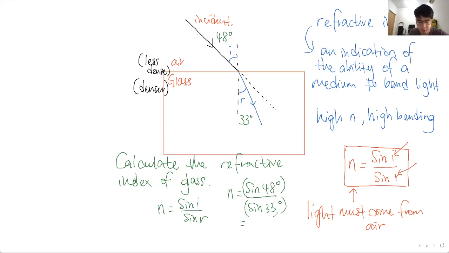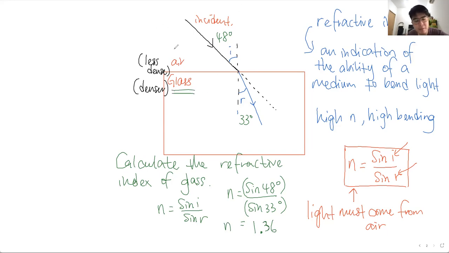So sine 48 divided by sine 33 is 1.36447220. Normally we take 2 decimal places, so we say 1.36. So this is the refractive index of what medium? Of glass.